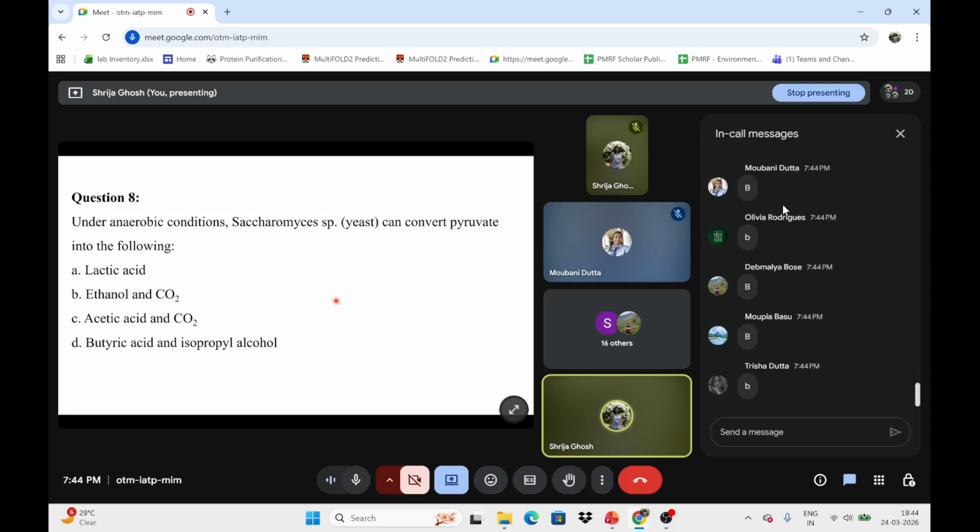Others also write your answers. Under anaerobic condition, Saccharomyces species can convert pyruvate into.